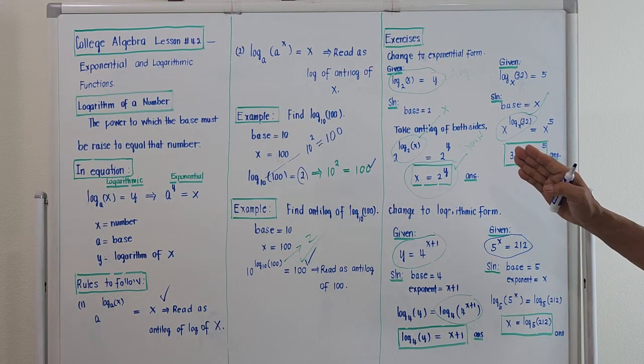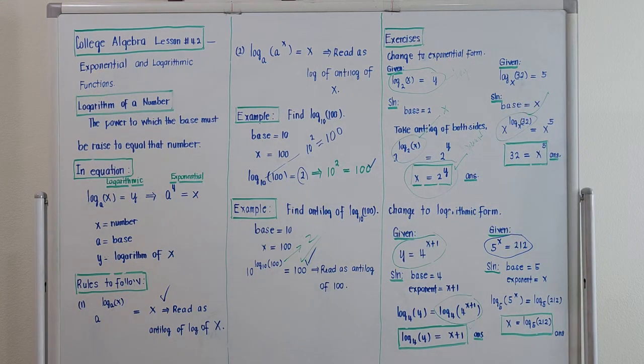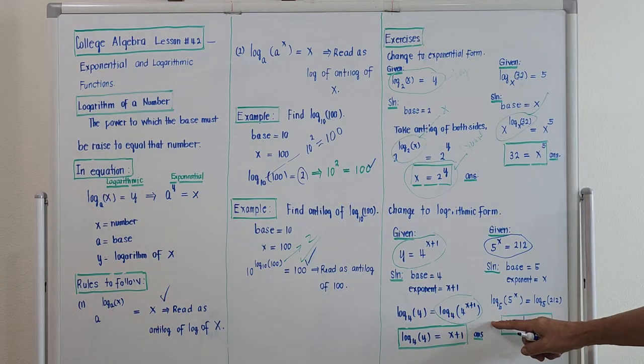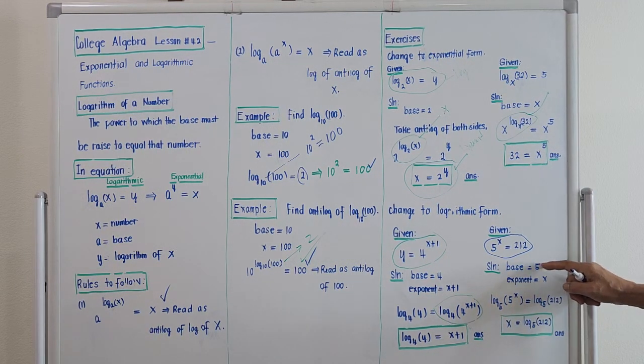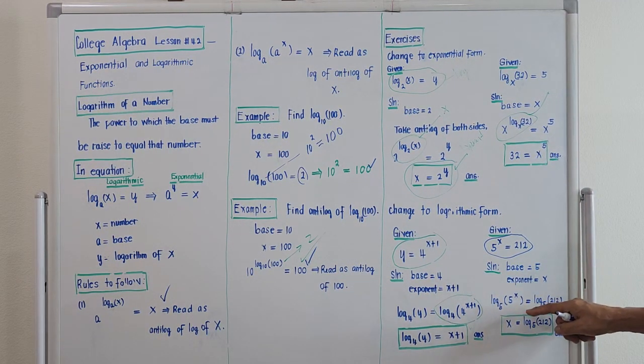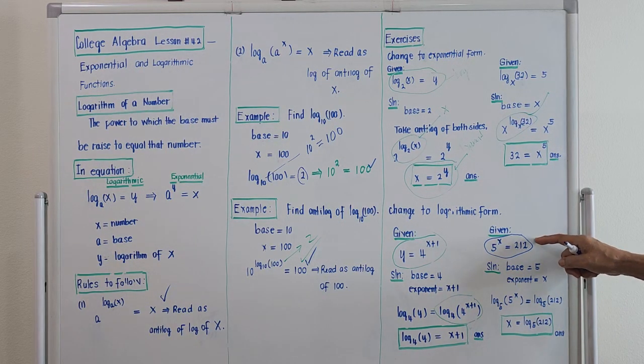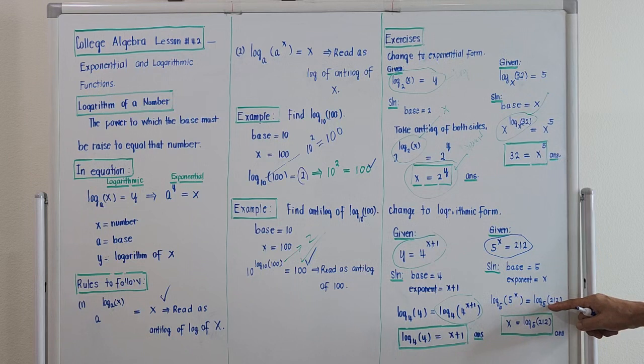Okay? Take the logarithm of both sides with the base 5, right? So the logarithm of the left hand side, the logarithm of 5 to the x with the base of 5, I follow this because the base is 5, right? Should be equal to the logarithm of 212, the right hand side, with the base of 5.